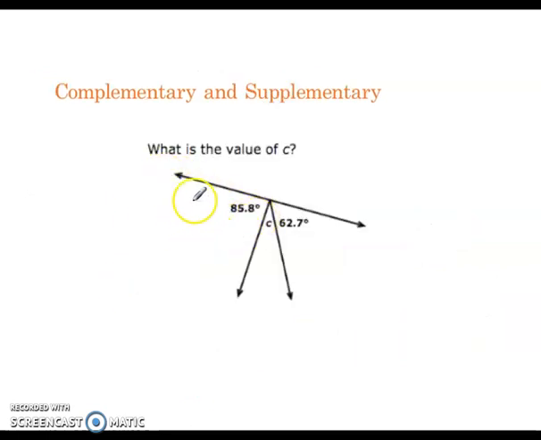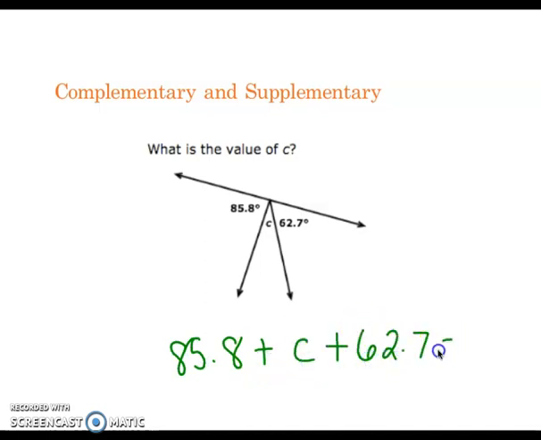Another review is given an angle. If we look at this angle, these 3 angles form a straight line, so they're supplementary. So we just have to find the missing value of C. We know 85 and 8/10 plus C plus 62 and 7/10 has to form the straight line, or the supplementary angle, of 180.